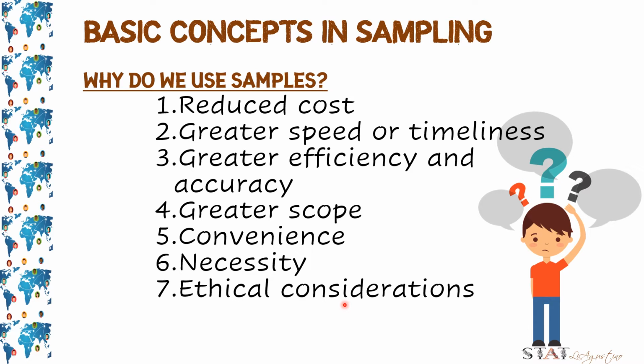Instead of getting all samples, especially from endangered species, it's not ethical to get all of them. So you just get a few and then study. That's one of the reasons why we use samples, and the process of selecting samples again is called sampling.